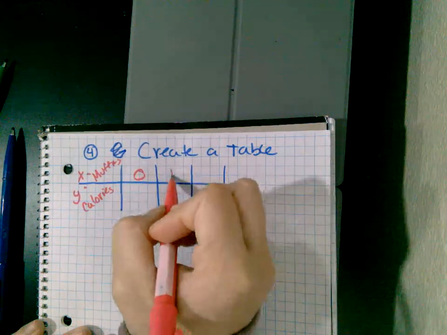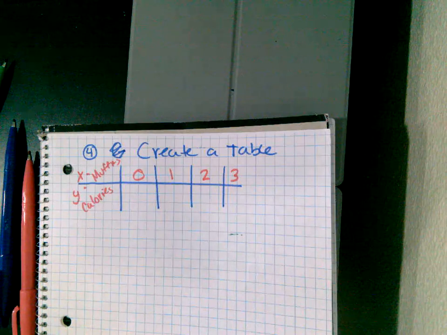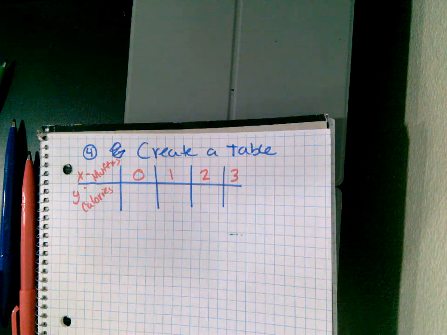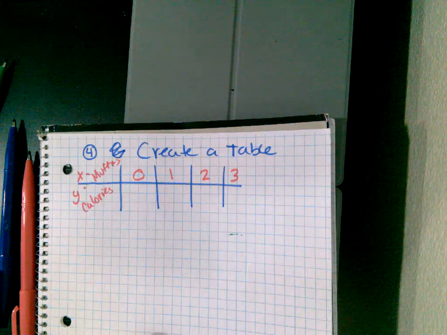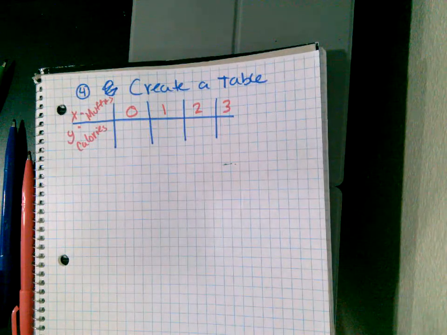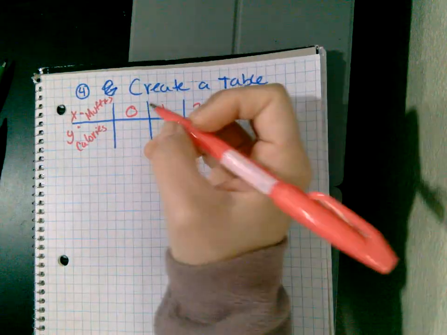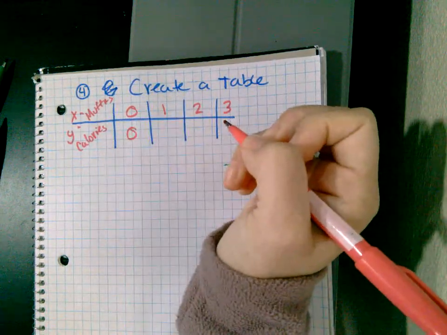0 muffins, 1, 2, 3. So this is how we create a table. If I ate 0 muffins, if I have no muffins in the house, how many calories is that? 0 muffins is 0 calories.